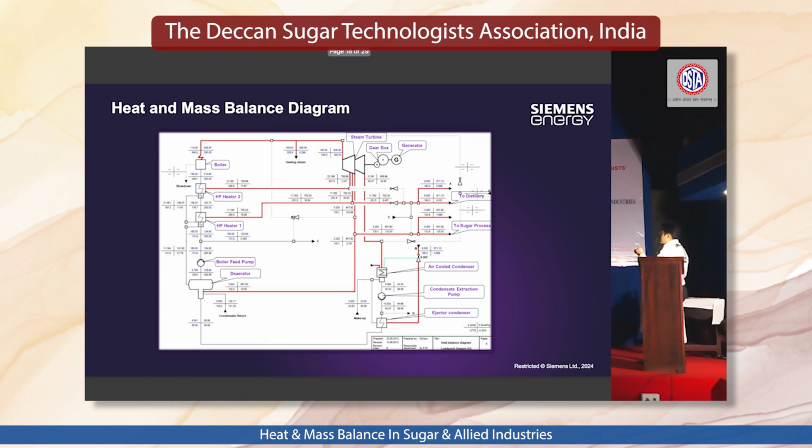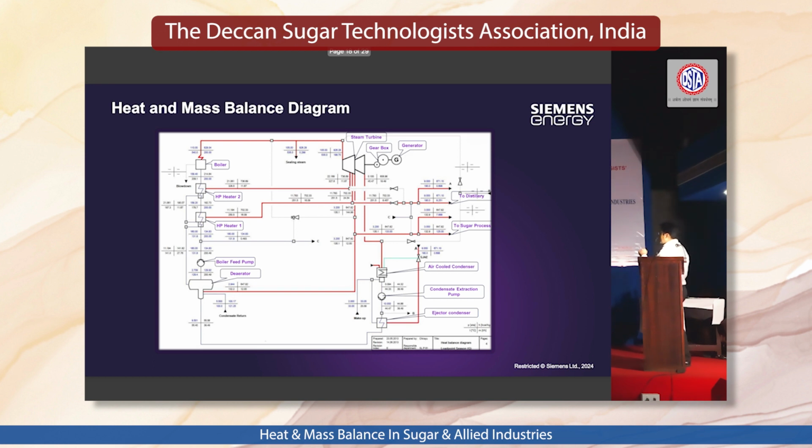Now this is a typical heat and mass balance diagram where you can see the steam turbine. The water is coming from the boiler to the steam turbine. This is for an extraction condensing turbine, where one extraction is taken for the distillery and the internally controlled extraction is for the sugar process. There is a gearbox, because the turbine is a high speed turbine, so between turbine and generator there is a gearbox for speed reduction.